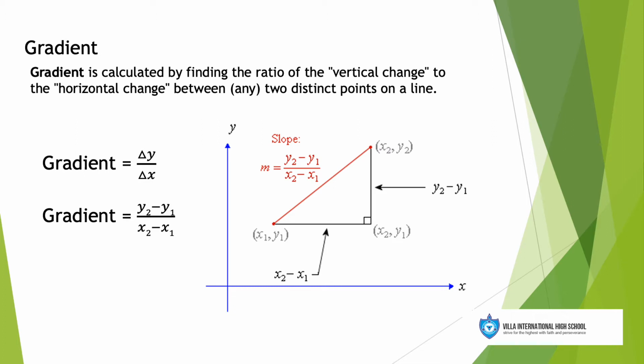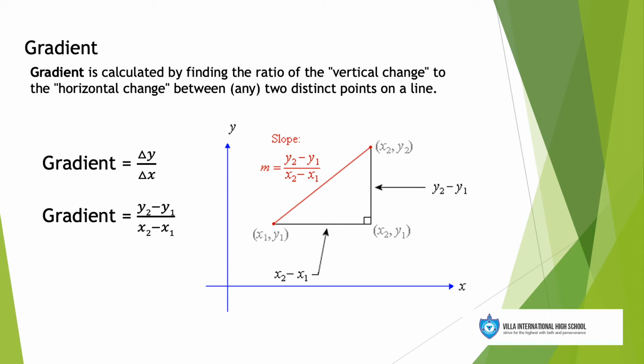The other name of gradient is slope, and it is calculated using the equation delta y divided by delta x. Delta y represents the vertical change and delta x represents the horizontal change. So gradient is equal to y2 minus y1 divided by x2 minus x1.